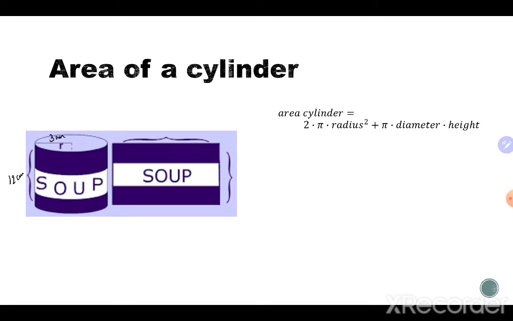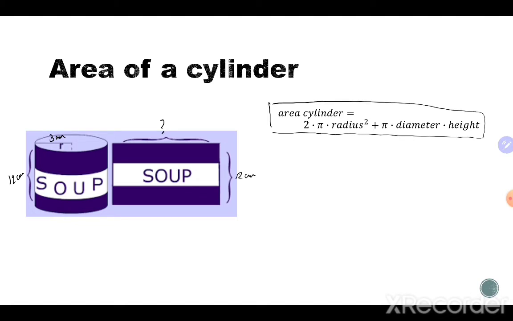We still need to calculate that part. And here's the height, of course also 12 centimeters, because if it is 12 centimeters in three dimensions, then in the rectangle the height of the soup can is also 12 centimeters.